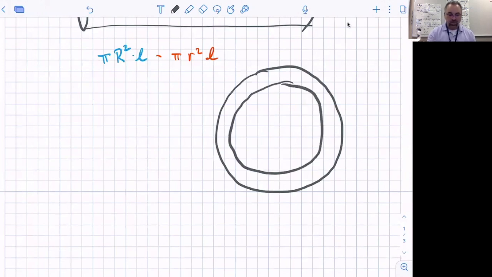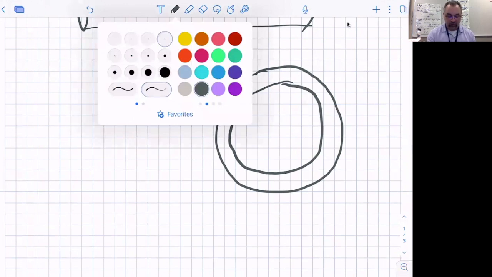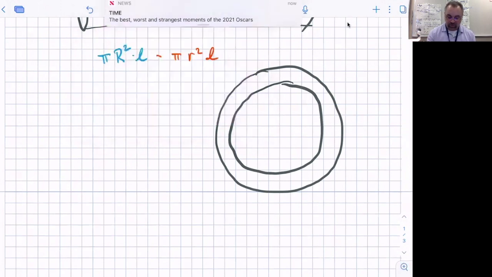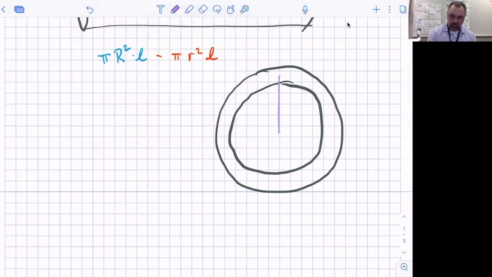So rather than do two different radii, I'm going to describe a single radius called the average radius. And basically it's going to go from the center to halfway. We're going to call this the average radius, and we're going to use a Greek letter, a lowercase rho, to indicate that we're using the average radius.